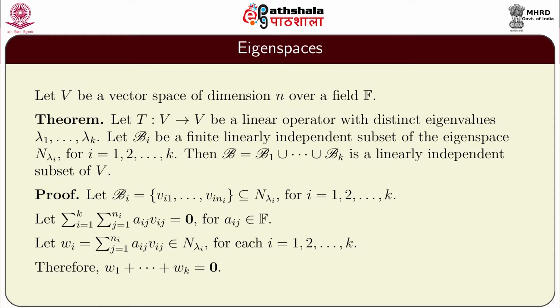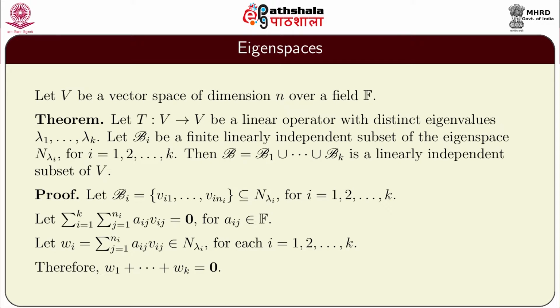Let us write Bi as the collection of vectors Vi1, Vi2 and so on up to Vini. So, each Bi is a subset of the eigenspace E lambda i, for i equal to 1 to k.